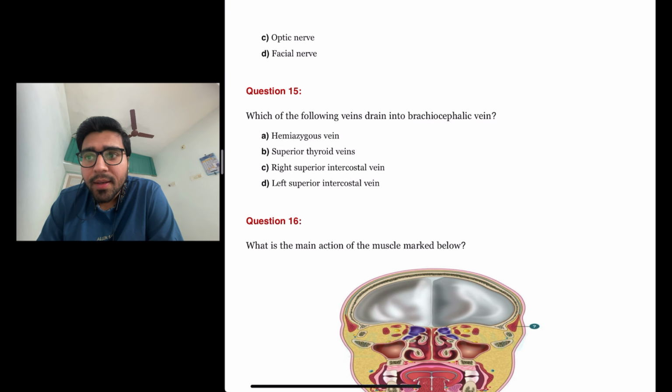The answer is D, left superior intercostal vein. It is a very simple and straightforward question, directly factual based. You have to know the figure: azygous vein, hemiazygous vein, and intercostal veins.